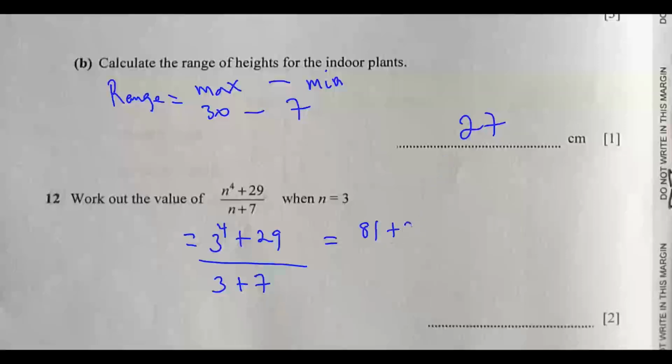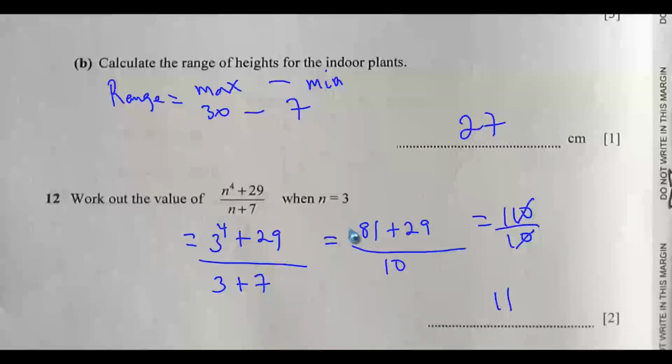Then add 29, everything over 3 add 7, so that will be 10. So 81 add 29 will give you 110 divided by 10. Of course, we can cancel the last 0 here. So we have our final answer to be 11.